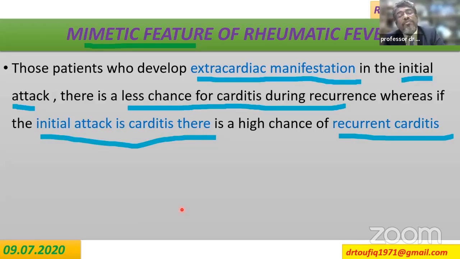But if in the first attack the patient has carditis, then in subsequent rheumatic fever there is an increased chance of recurrent carditis, and the patient may develop sequelae of the recurrent carditis, that is chronic rheumatic valvular heart disease.